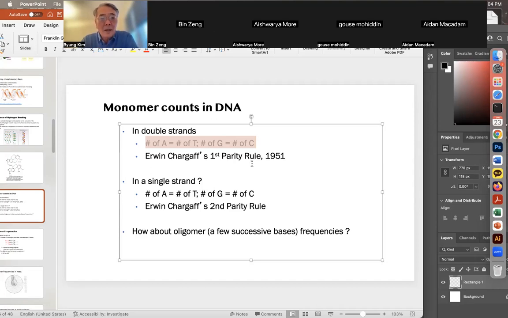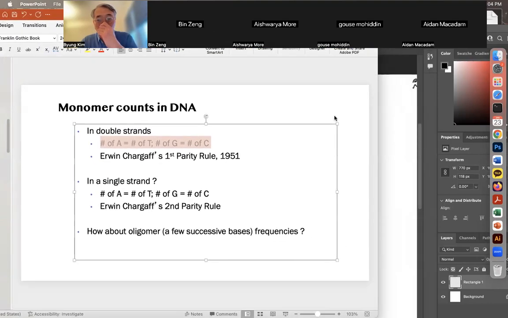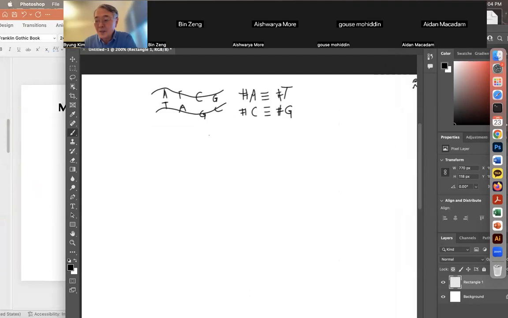He then asked, in a double strand it is obvious, right? Double strand is obvious, but in a single strand, would there be some relationship between A, T, C, G?